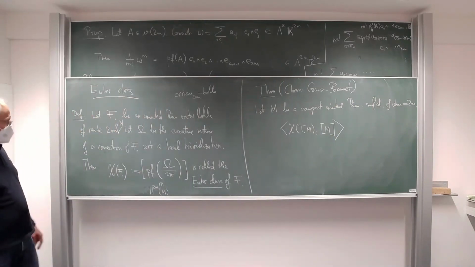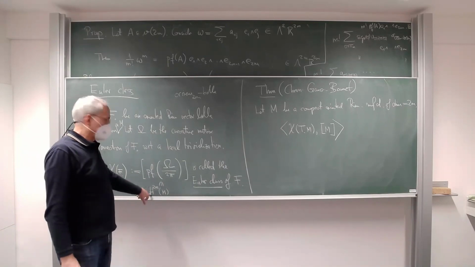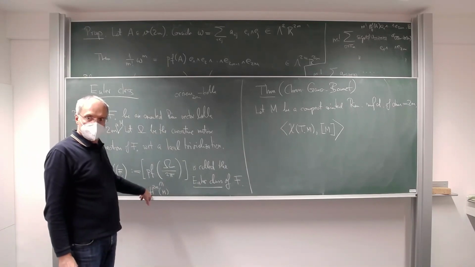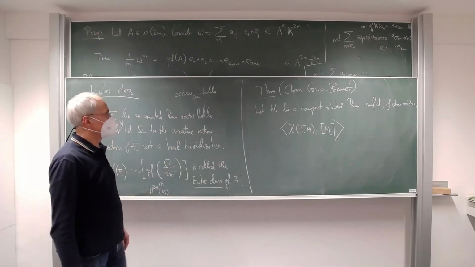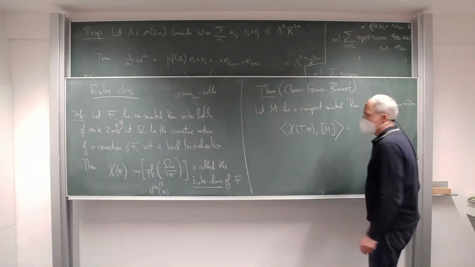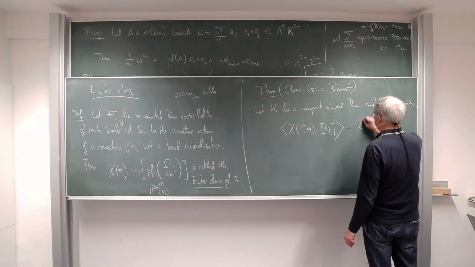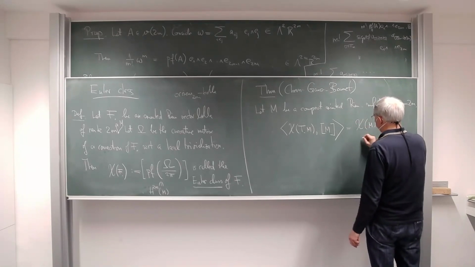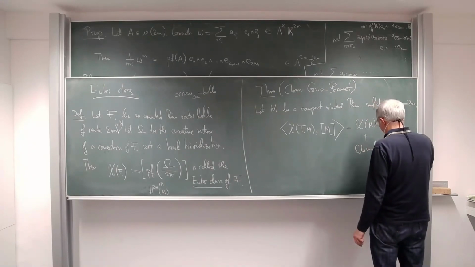Then the tangent bundle has rank 2n, and this gives us a cohomology class in degree 2n, which I can pair again on the 2n dimensional manifold to give me a number. And this number is the Euler number of the manifold. So that's chi of M, which is the Euler number.